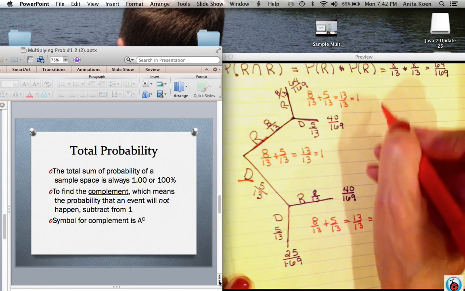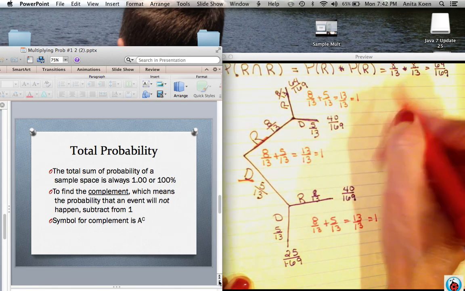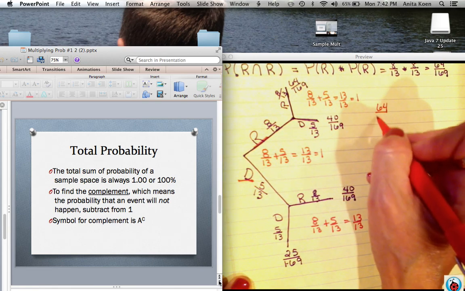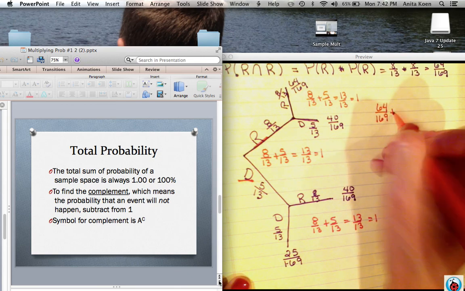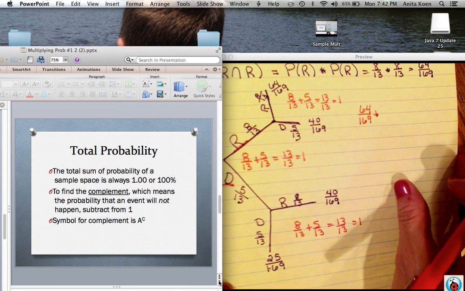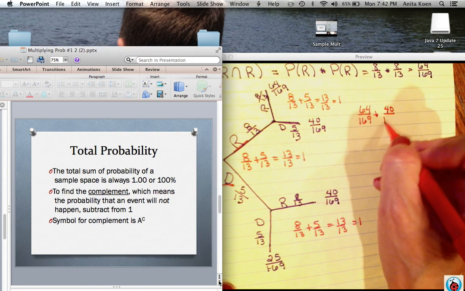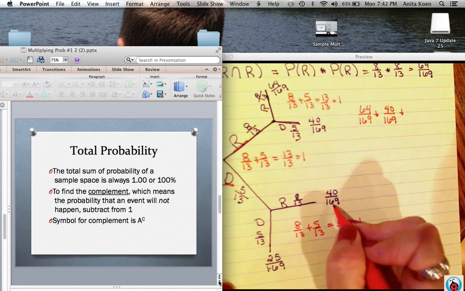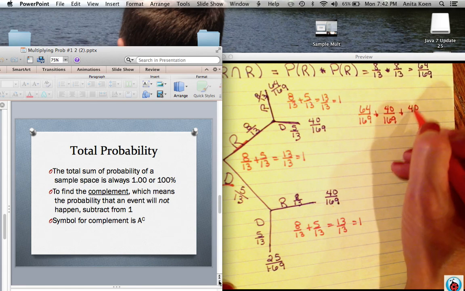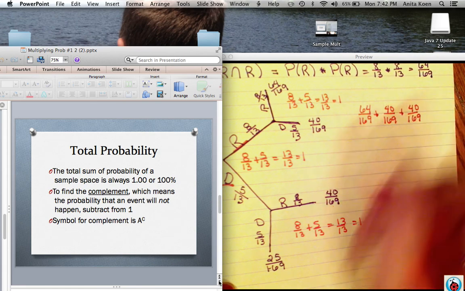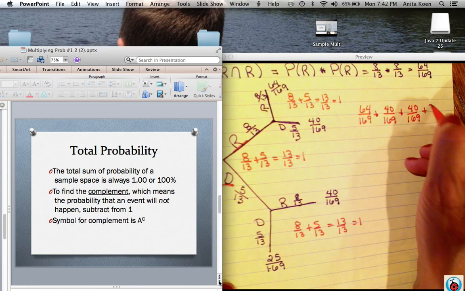So we would have to take 64 over 169 plus 40 over 169 plus 40 over 169 plus 25 over 169.